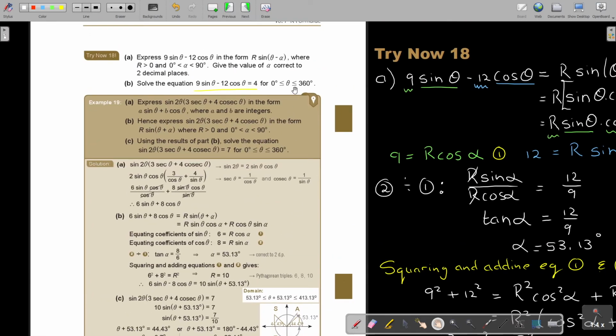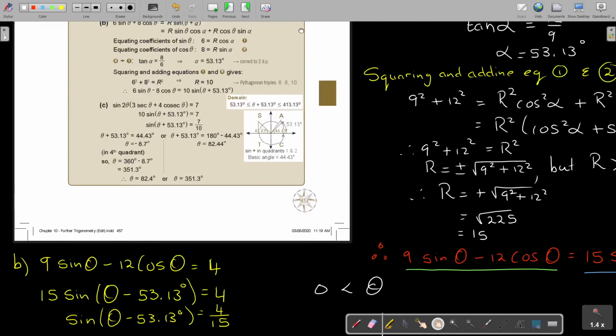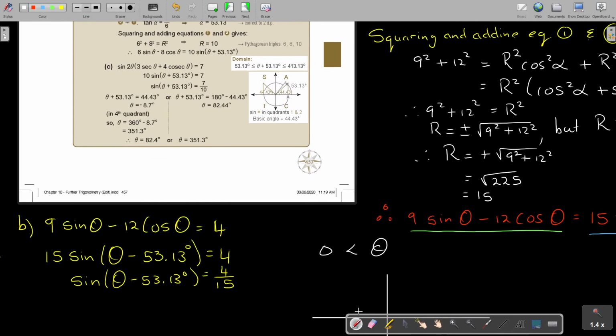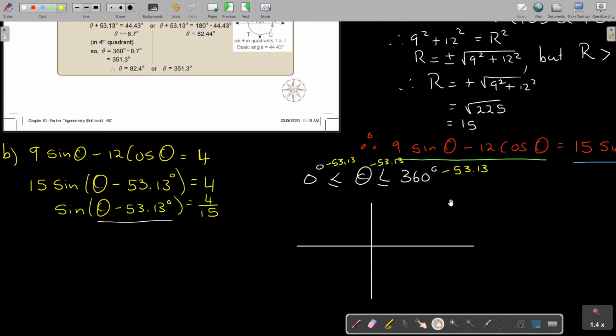Do you see there? That is the statement I'm writing. So theta is bigger than or equal to 0, smaller than or equal to 360. So if I want to get this statement, then I subtract 53.13, subtract 53.13, subtract 53.13.